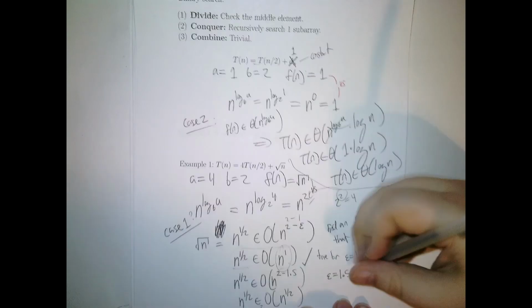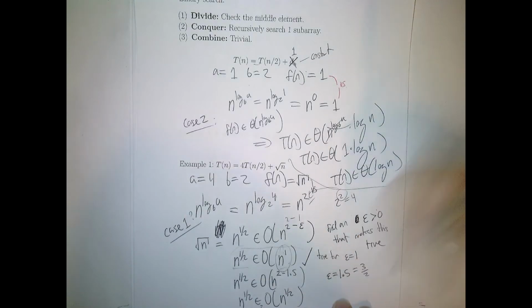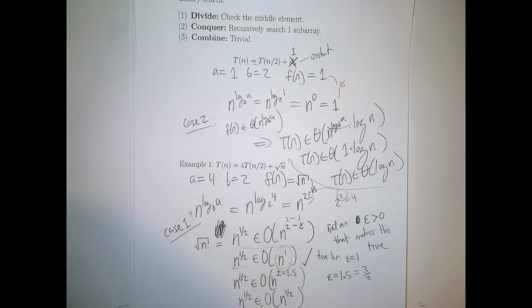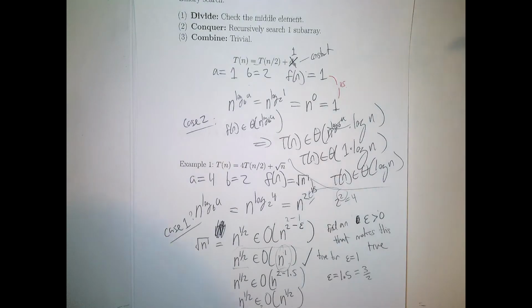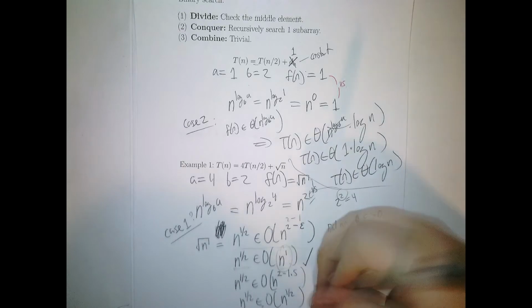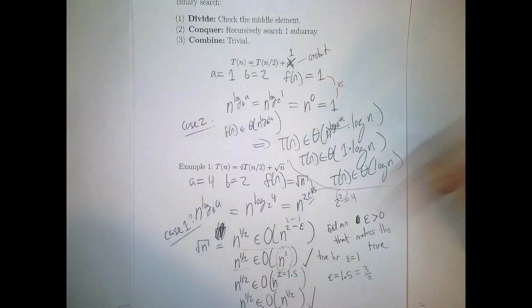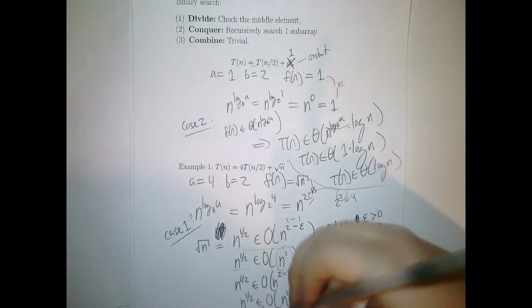Another way to put it is, if we subtract away 1.5 from 2, we're left with 1/2. Either of these would be right. It doesn't matter. There's a lot of right answers. You could come up with more.